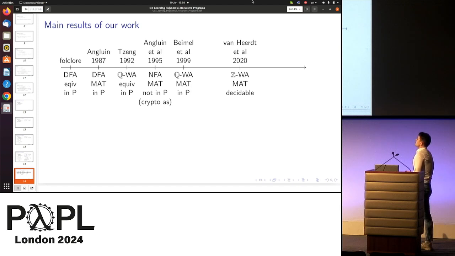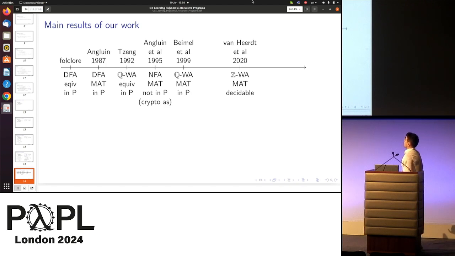Later in 1987, Angluin showed that the exact learning framework can be solved in polynomial time. Then Zheng in 1992 showed that for Q-weighted automata, so when the entries of the transition matrices are just rational numbers, so not polynomials, the equivalence problem is in polynomial time.